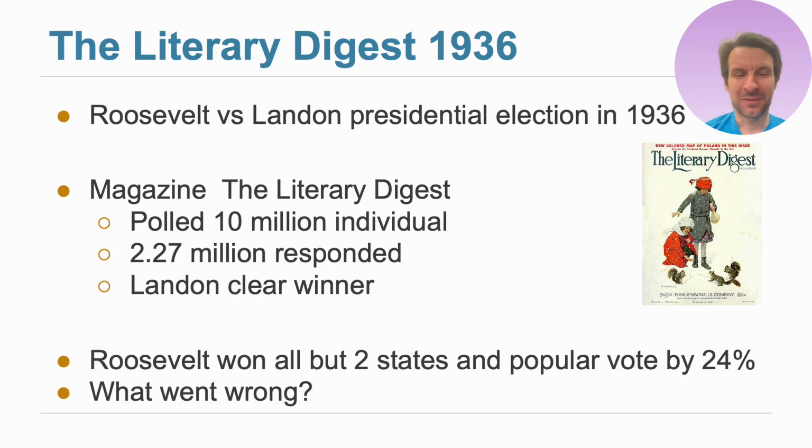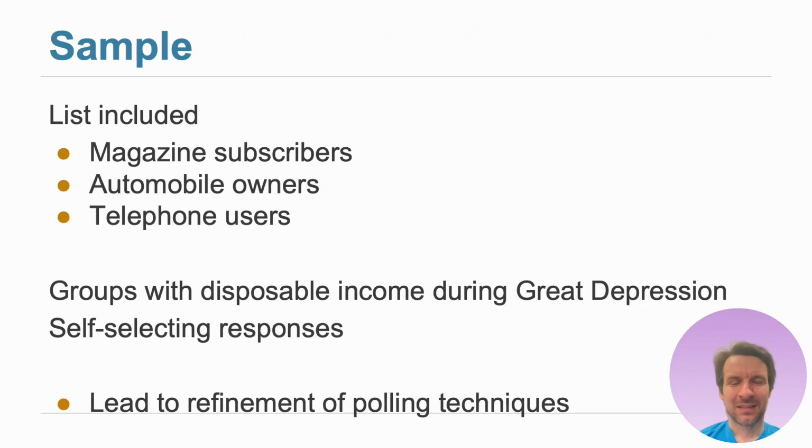So what went wrong? There are different things that can go wrong. One is who was in the sample. The sample was magazine subscribers, automobile owners, telephone owners. Those were people who usually have higher income, and also only some of them chose to respond.